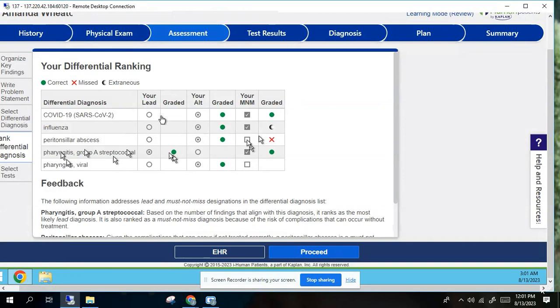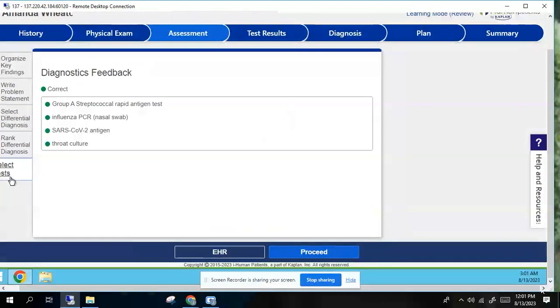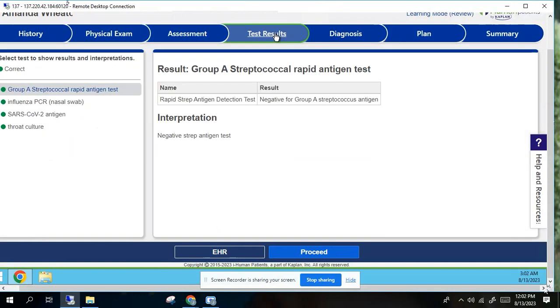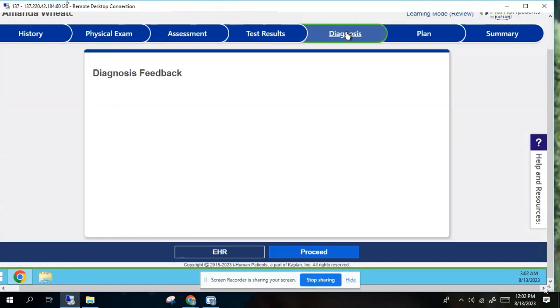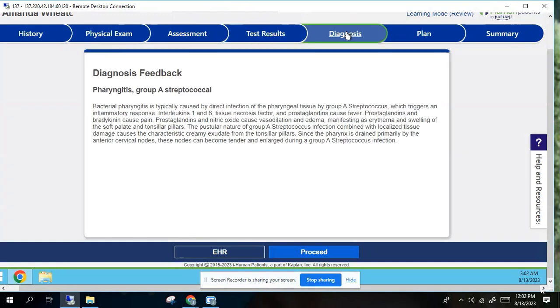Then once you have this ranking, you select the tests that you're supposed to carry out, and the tests that are required were those four, and I got all of them correct. And then once you've done the tests, you wait for the results. And then you can see the results here. And then after the results, you move to a diagnosis. Like I said, your lead diagnosis under differentials becomes the correct diagnosis.